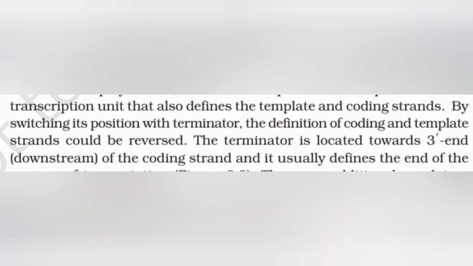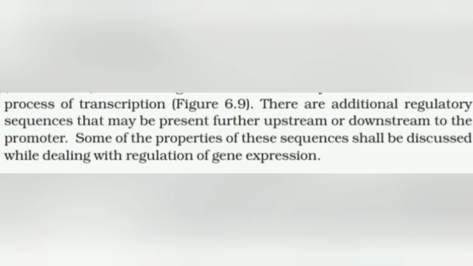By switching its position with the terminator, the definition of the coding and the template strand could be reversed. The terminator is located towards the 3' end, downstream of the coding strand, and it usually defines the end of the structural gene and hence the end of the process of transcription.